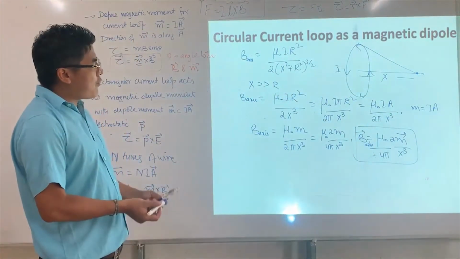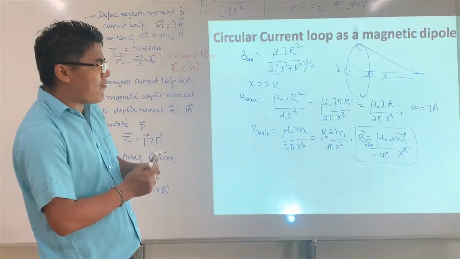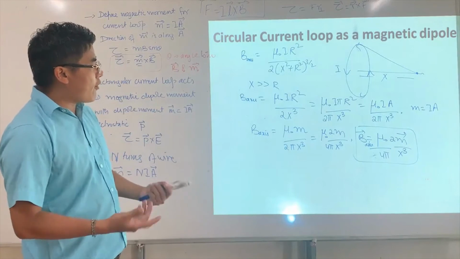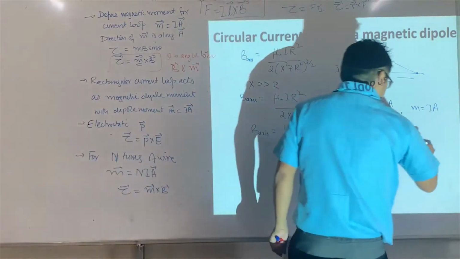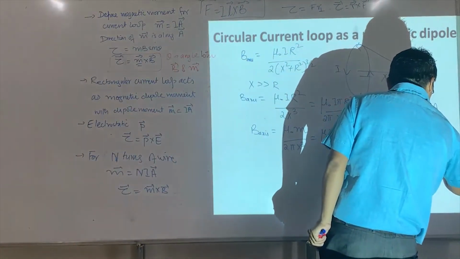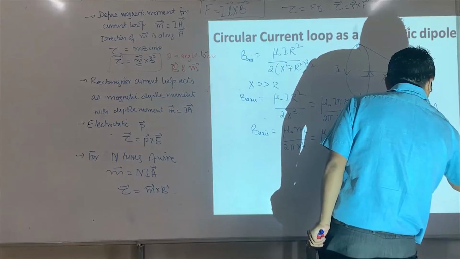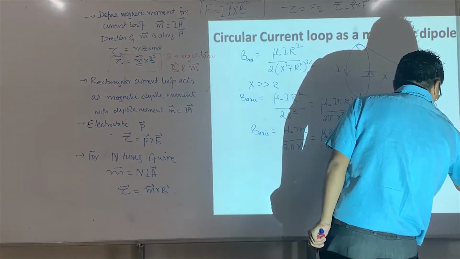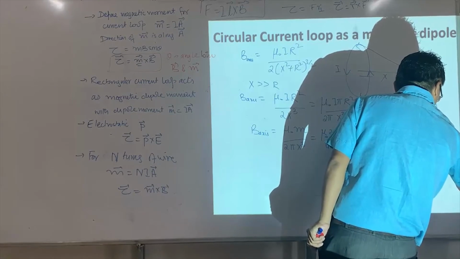And this is very similar to the electric field. When I have an electric dipole, the electric field at a point on the axis of the dipole is very similar: 1 by 4 pi epsilon naught, 2p divided by r cube.